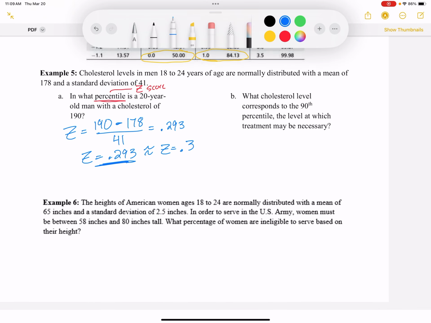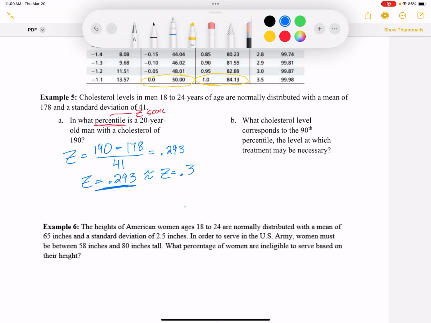If we look at that on a normal curve, I'll just sketch it out real quick. Our normal curve is, and from here to there is 1, so plus or minus 1 standard deviation. We're just going up 0.3, so maybe like this much. So plus 0.3 standard deviations.